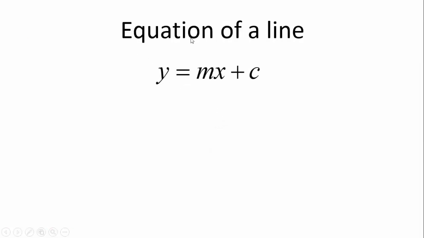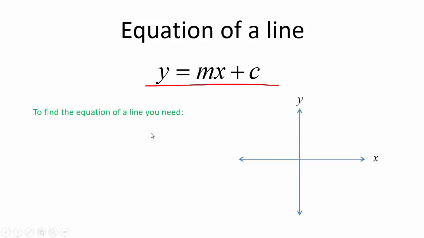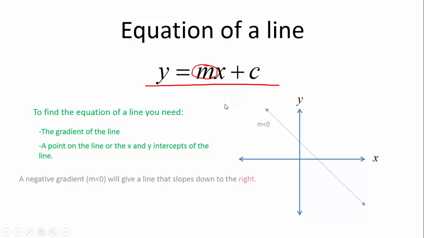Let's look at the equation of the line, y equals mx plus c. This is the equation of a line. It will never ever change. Make sure you remember that. We have a Cartesian plane. To find the equation of the line, you need to have the gradient of the line, remember that's little m, and a point on the line, or the x and y intercepts.